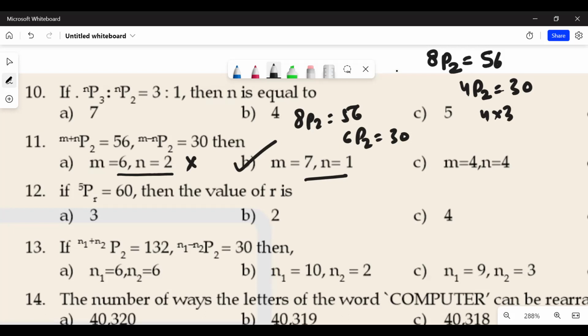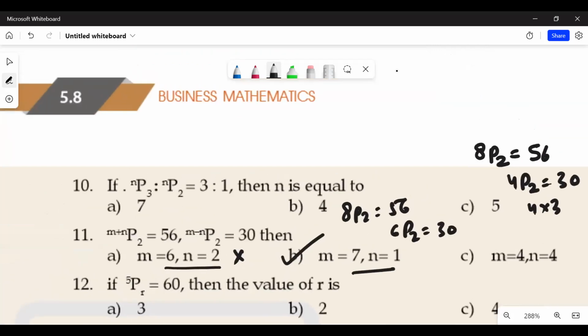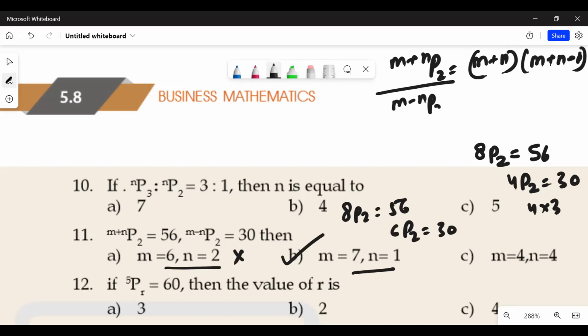You can use options. Wherever possible, try to do the question by option. If you don't want to use options, then it's your wish. Then m plus n P2 would be (m plus n) into (m plus n minus 1), divided by m minus n P2, which would be (m minus n) into (m minus n minus 1).